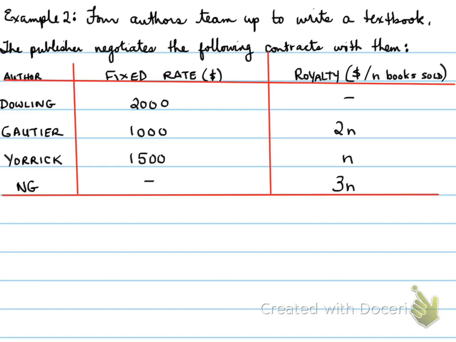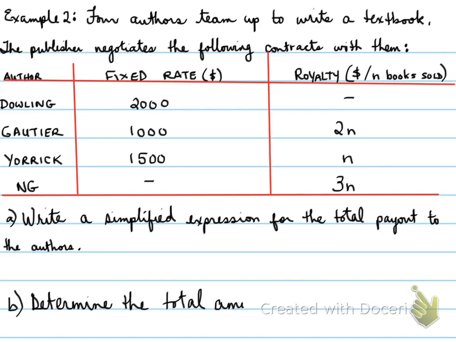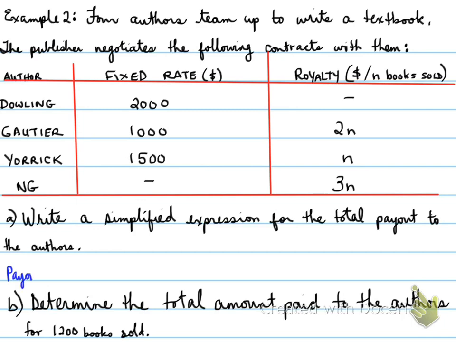So what we need to do is write a simplified expression for the total payout to the authors, and finally determine the total amount paid to the authors for 1,200 books sold. So here we go. What we need to do is find a final expression.